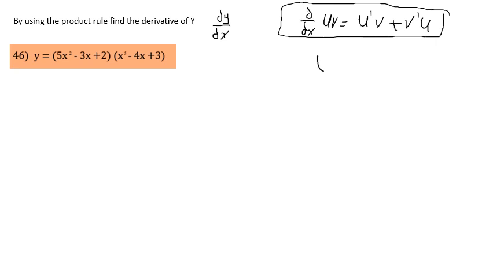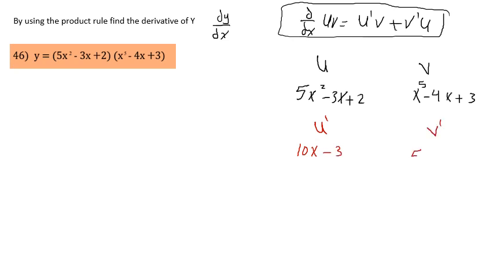So I'm going to write u, which is the first bracket, 5x squared minus 3x plus 2. And v, which is x to the power 5 minus 4x plus 3. So u dash, the derivative of u, is 10x minus 3. And v dash is 5x to the power 4 minus 4.